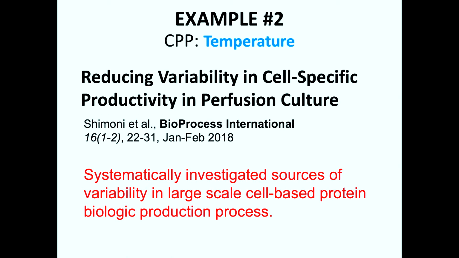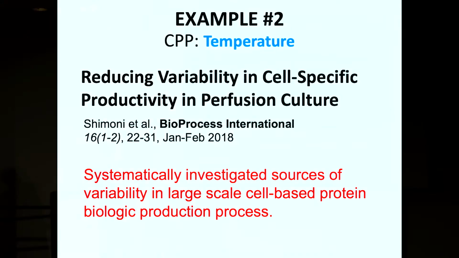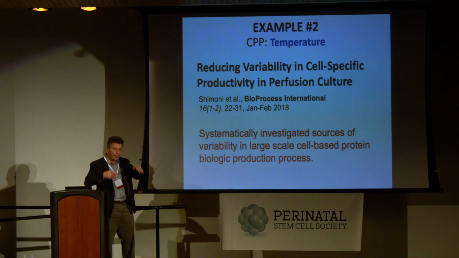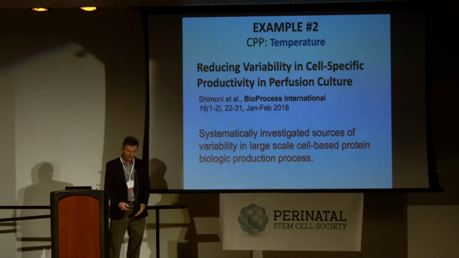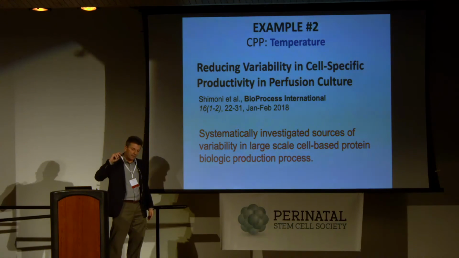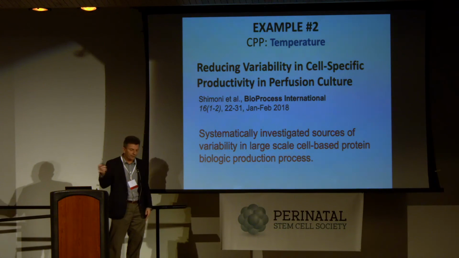My second example is with temperature. This is a publication that came out a couple of years ago. It came out of Bayer. They were noticing some major variations in their huge production bioreactor in the amount of product that was being secreted.